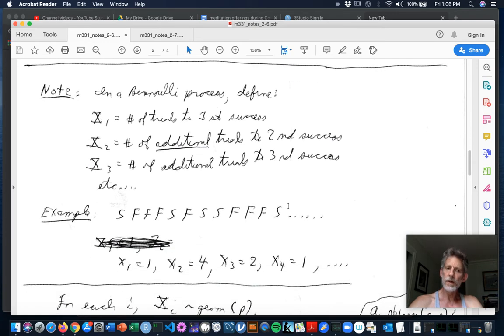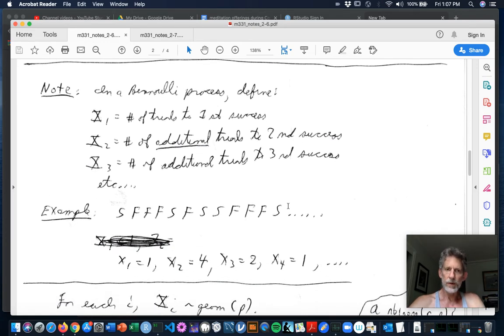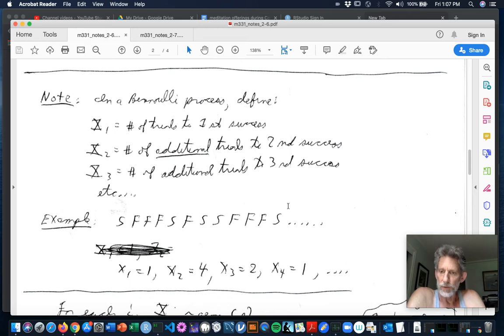Now, something I'd like you to notice about negative binomial random variables, thinking back to Bernoulli process, let's define x1 to be the number of trials to get to your first success.